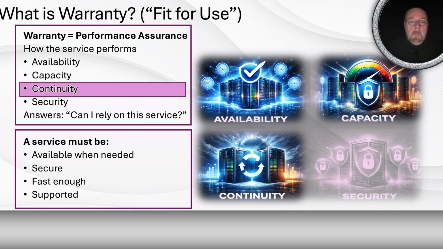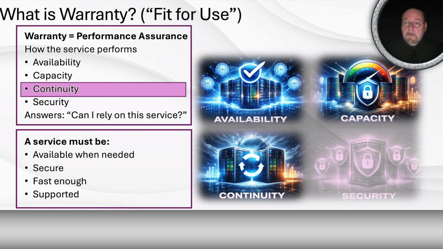Continuity. Availability is trying to keep things up and keep them available. When things do go down for whatever reason, a fault, a power outage, a disk drive crash, continuity is about how quickly we can get that service back up so people can perform their jobs again. We want to resume production.